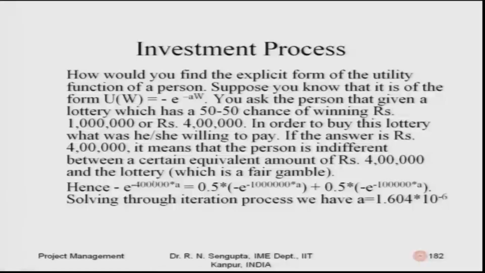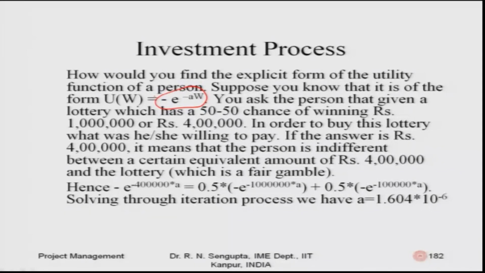So, how would you find the explicit form of the utility function? Suppose you know that it is of the form U(w), exponential in nature, which is the function in front of you. You ask the person: given a lottery which has a 50-50 chance of winning, that means you are tossing an unbiased coin, the amounts of money are 10 lakhs or 4 lakhs.